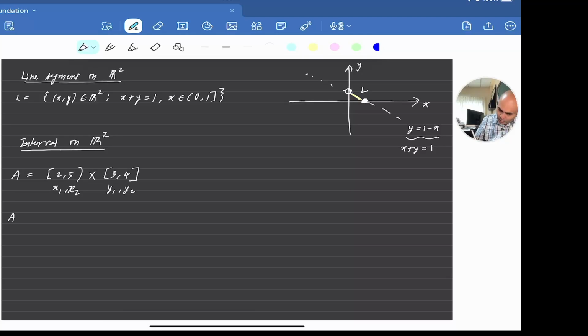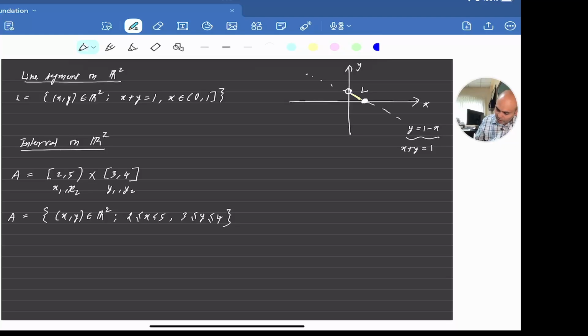So A is all points between these x and y intervals, 2 less than or equal to x less than 5, and 3 less than or equal to y less than or equal to 4.